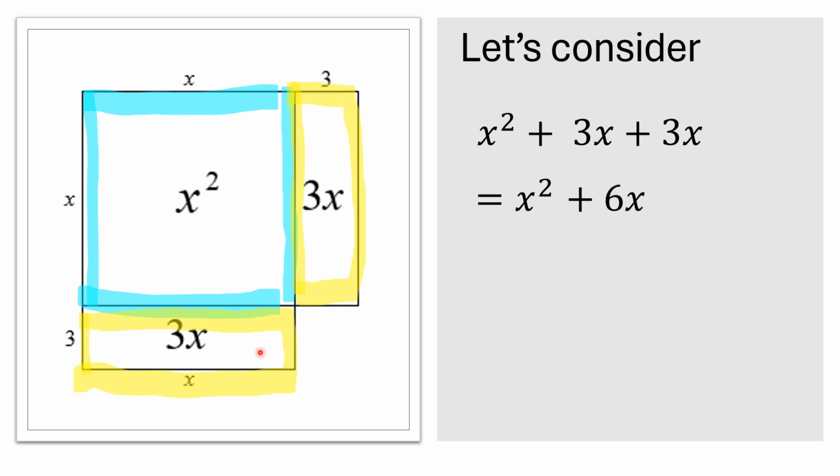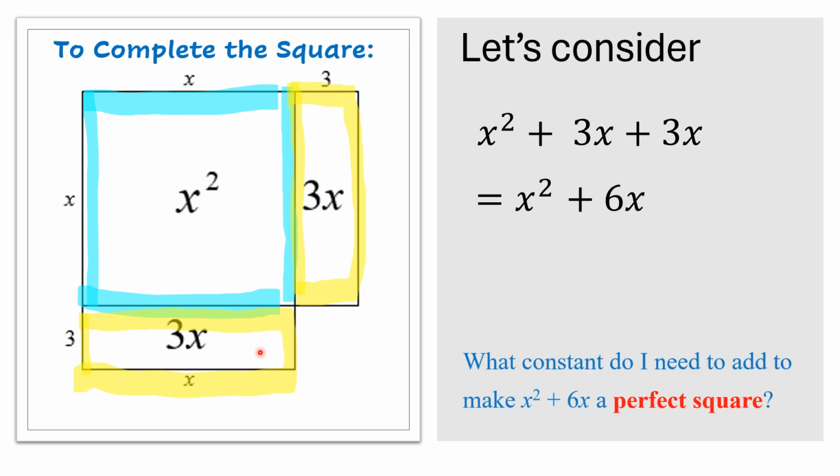To complete the square, we need to find the constant, which is this missing piece, that I need to add to make this x squared plus 6x a perfect square. I know that I need this missing piece. The area of this big square is x plus 3 squared.